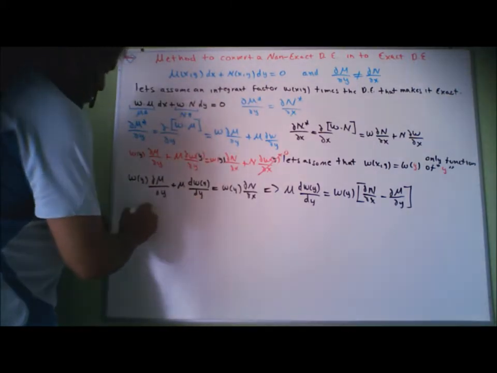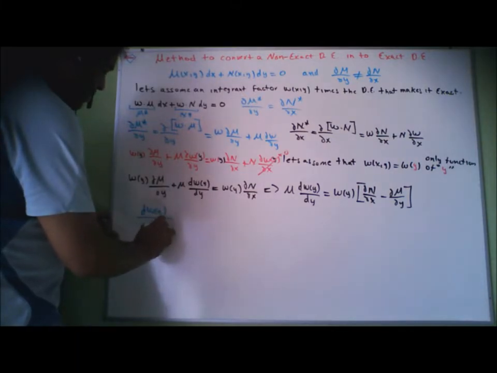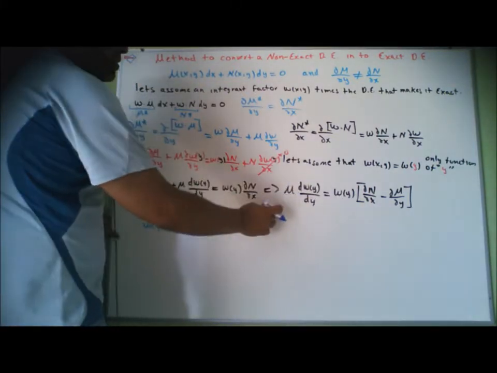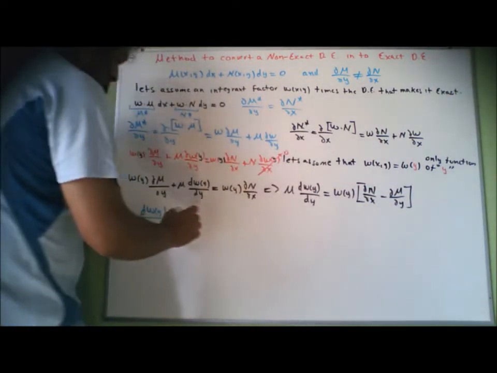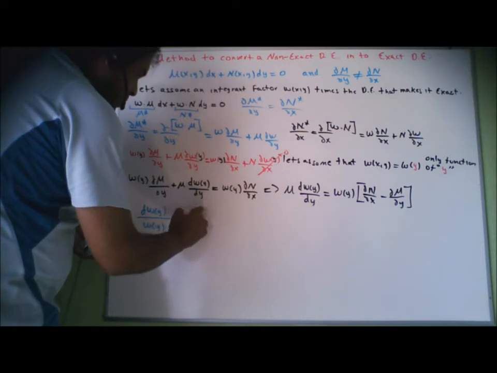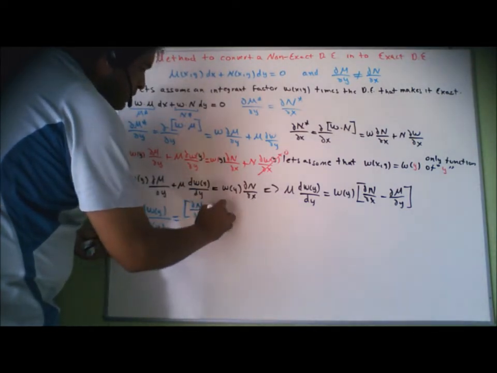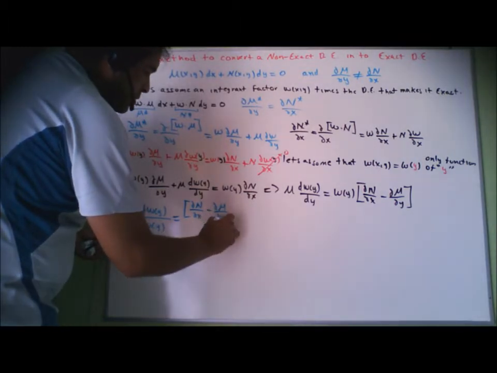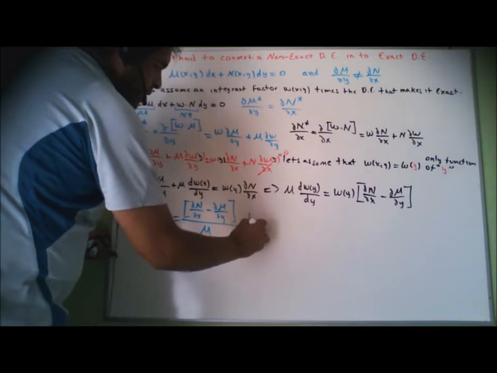What you are going to have here is the differential of w of y divided by w of y. I just pass the differential of y to the other side, and the m as a division. So this is equal to the partial of n with respect to x minus the partial of m with respect to y over m, times the differential of y.